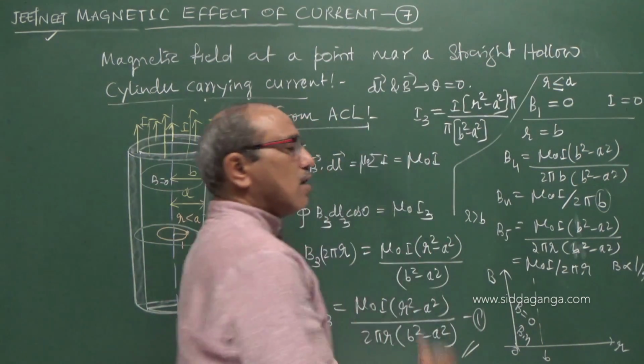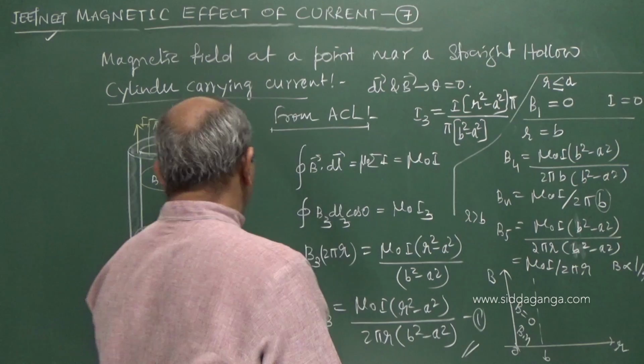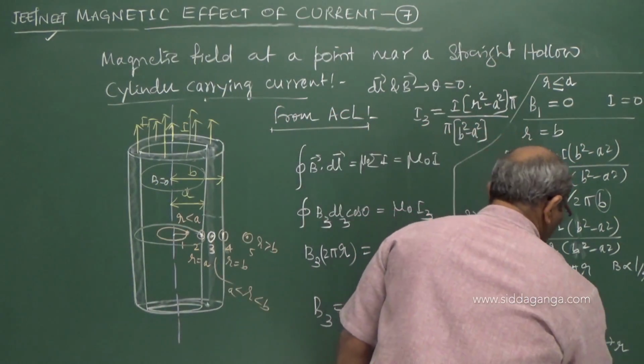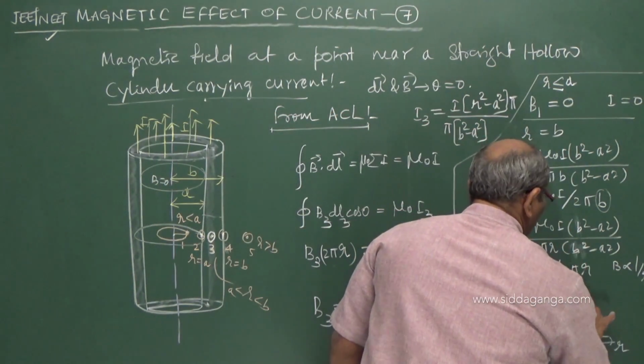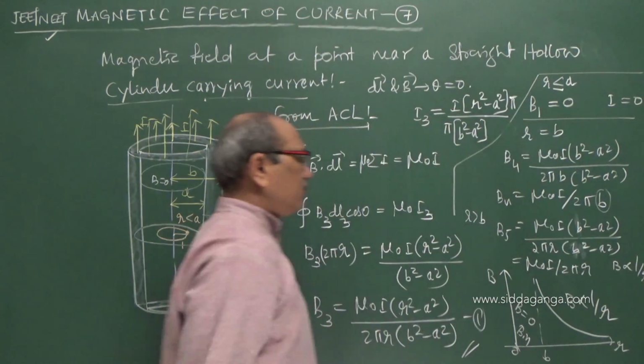A hollow pipe cannot carry the magnetic field. But outside it goes on decreasing, B inversely with R.